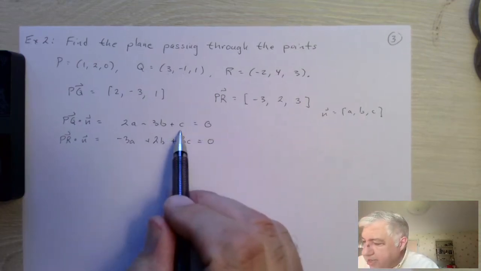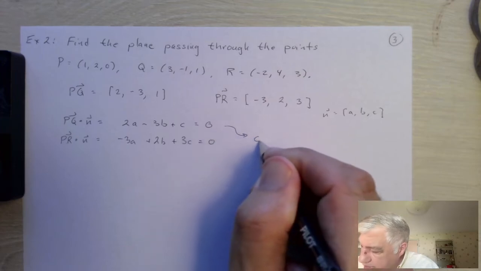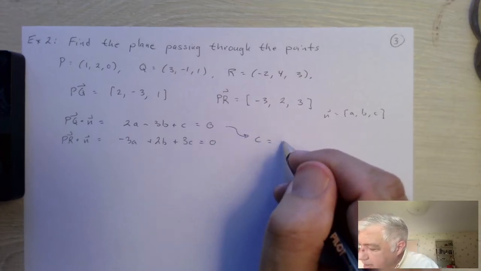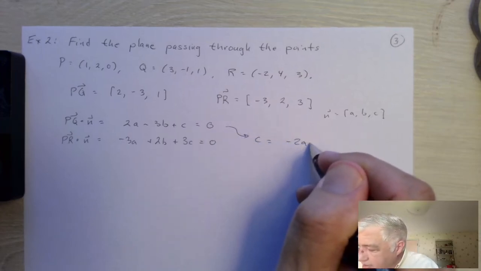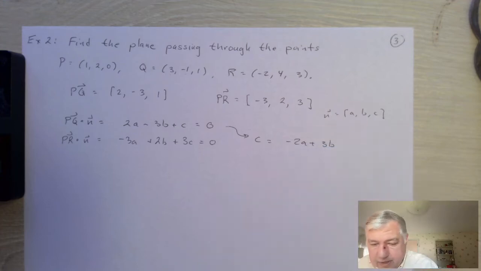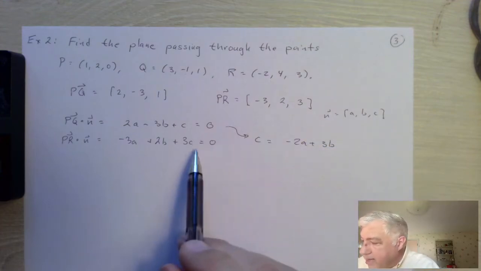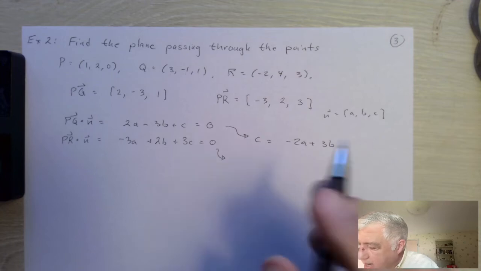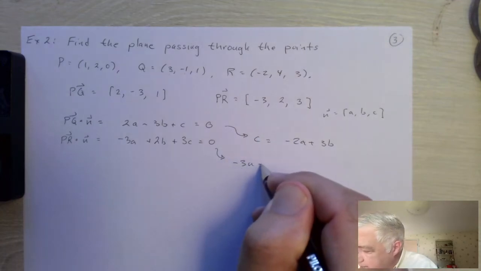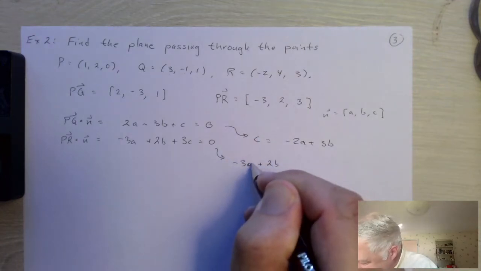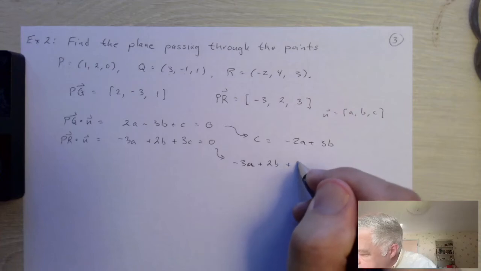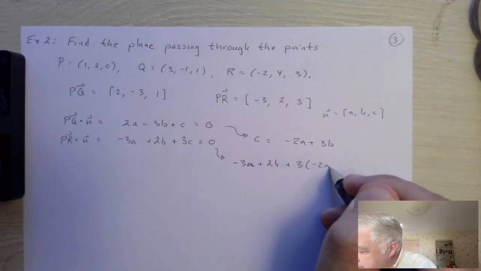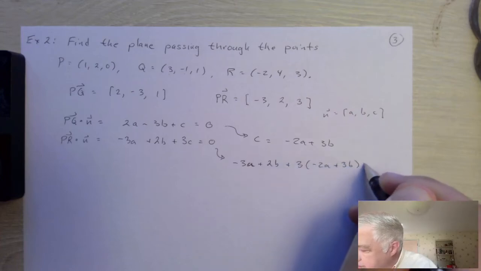I know the C is all alone here, so this tells us that C is going to be minus 2A plus 3B. Then I'm going to plug that into this equation down here, and we'll get minus 3A plus 2B plus 3 times minus 2A plus 3B equals 0.